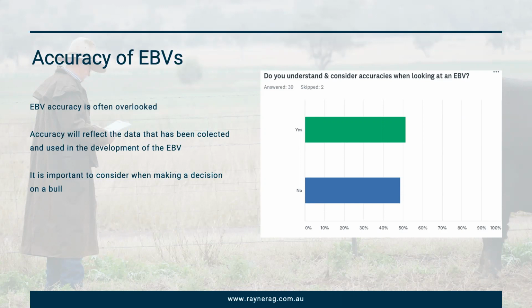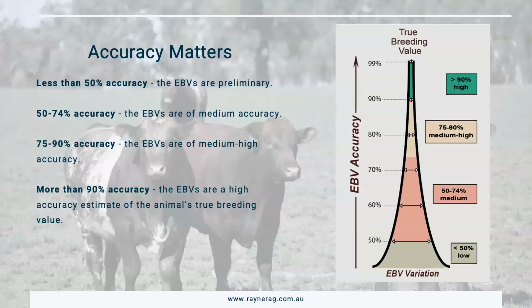I tend to look at accuracies pretty well religiously, because one of the things is that the higher the degree of accuracy, the more confident we are, the closer we actually are to true breeding value. So an accuracy is really going to reflect the amount of information that's been collected on that animal, or on that animal's pedigree or relationships, that really then will be driving the EBVs that I look at.